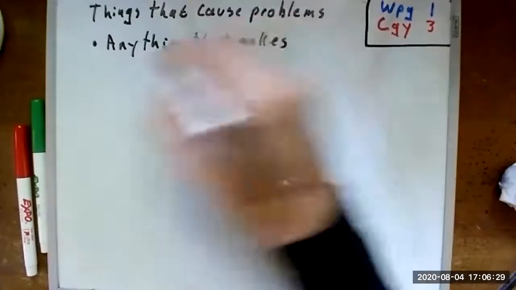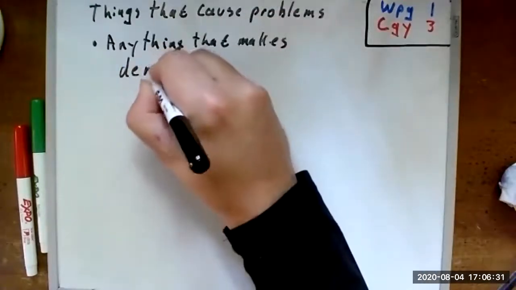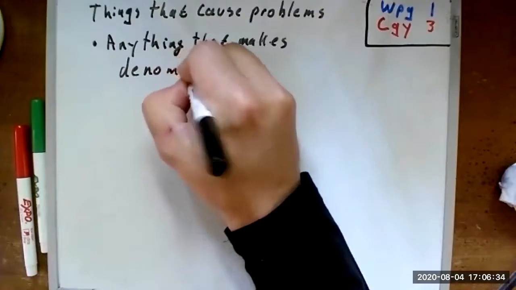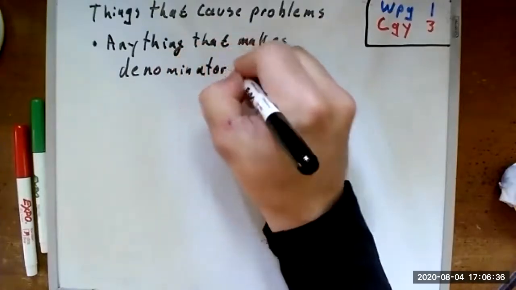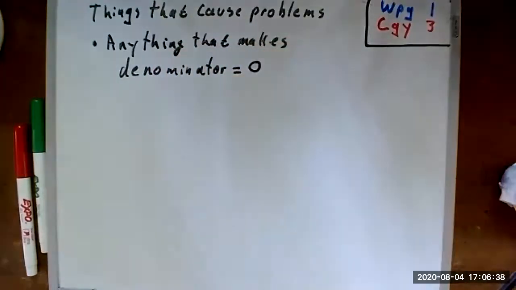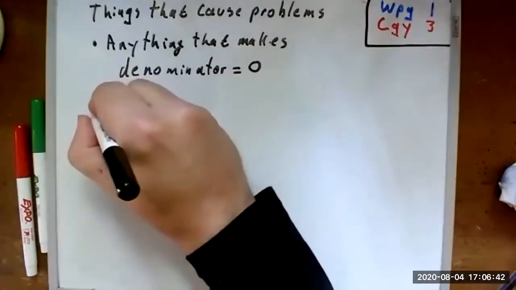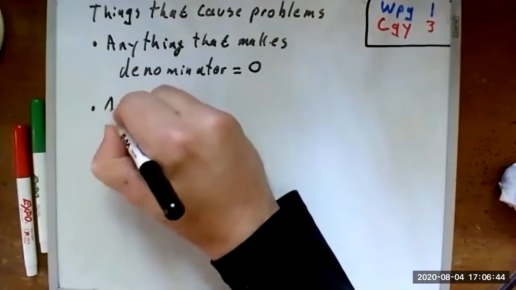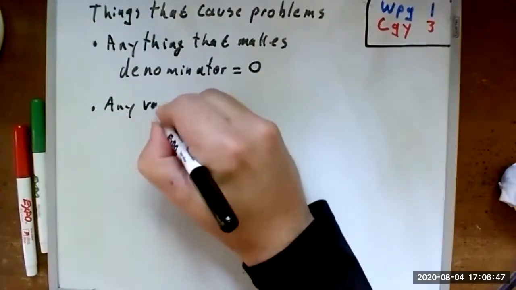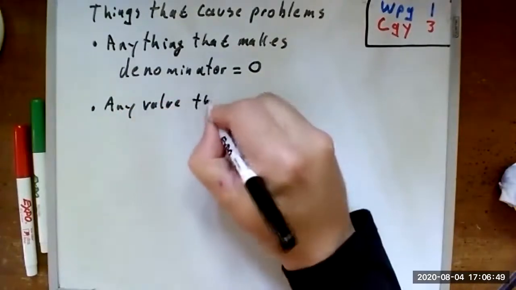Anything that makes your denominator 0, which we'll talk about in just a second.